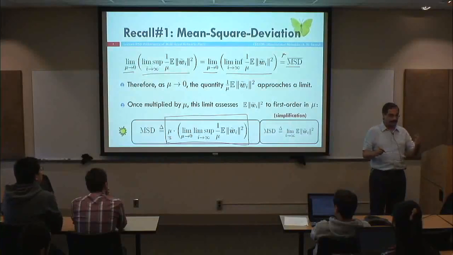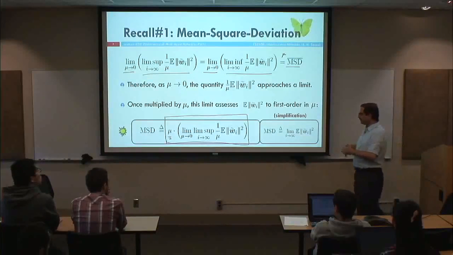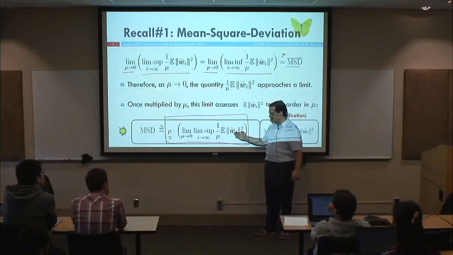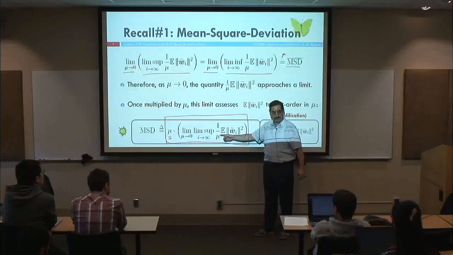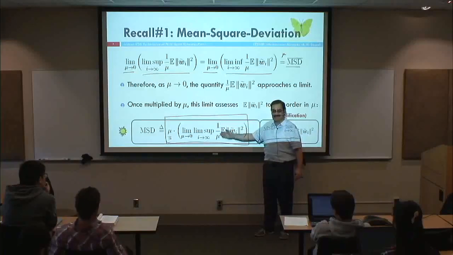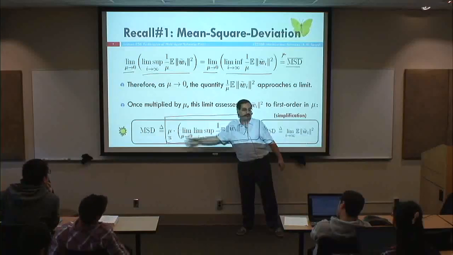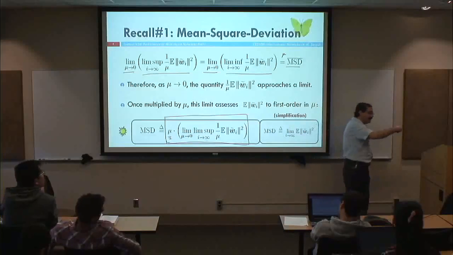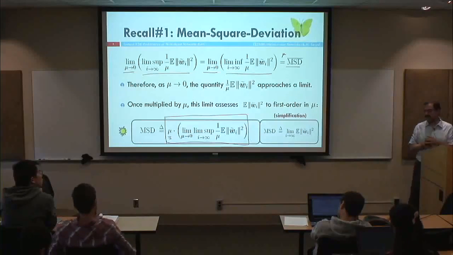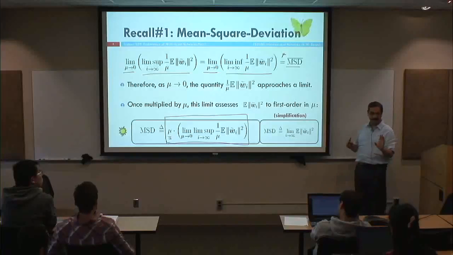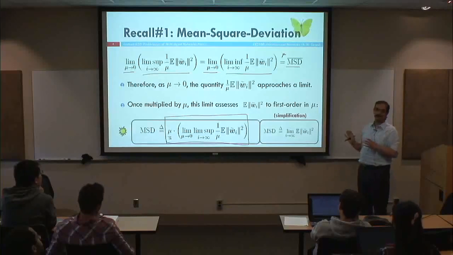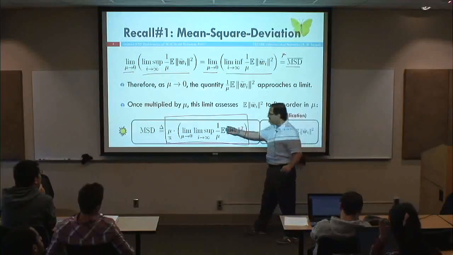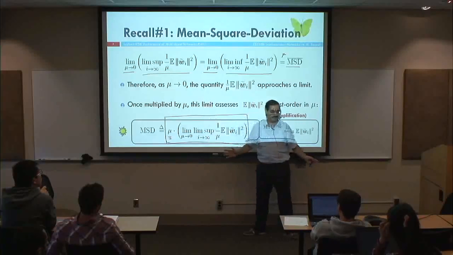If I can find what this lim sup is, scaled by mu, this is the variance scaled by mu, and then you undo the scaling, it gives me the first order term that I'm interested in. You understand? So that's why you are going to see limits like this in the derivation, but this is where it comes from, okay?